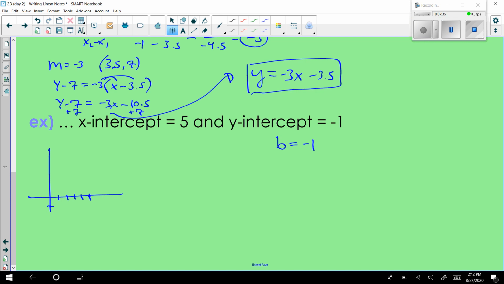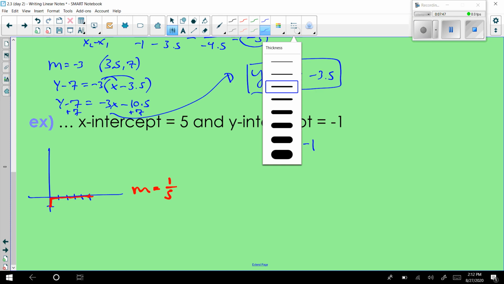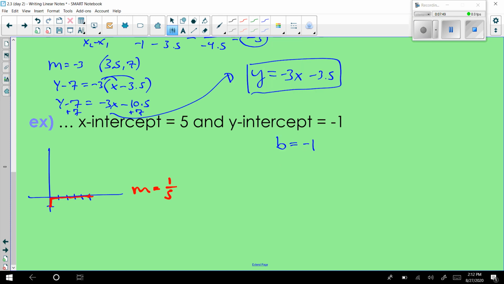The slope to go from this point to this point, I would have to go up 1 and over 5. So you might even be able to mentally think of that as a slope of 1/5. So since that is our slope and we already have a y-intercept, we can just say y equals 1/5 x minus 1, or y equals mx plus b for slope-intercept form.